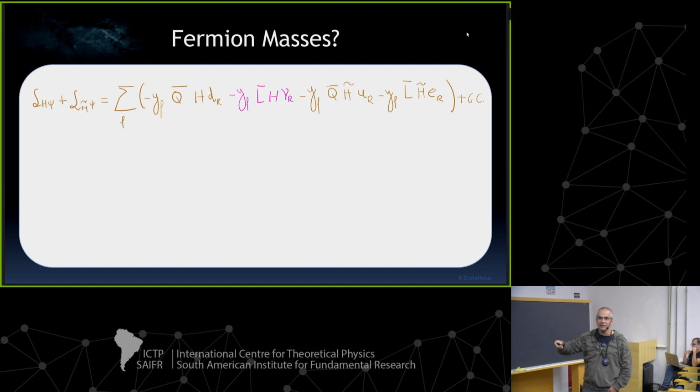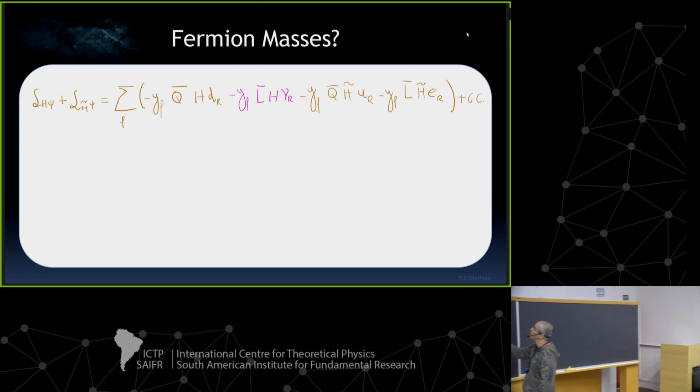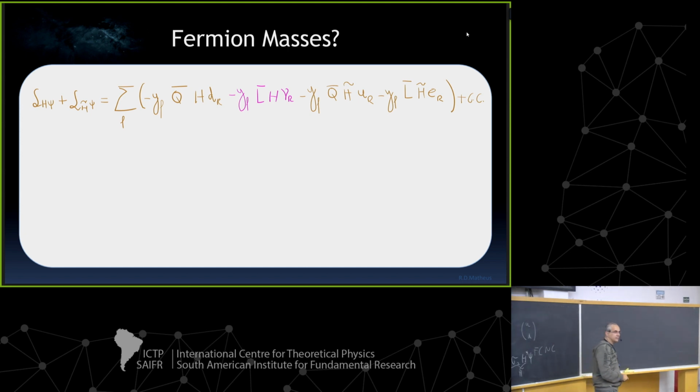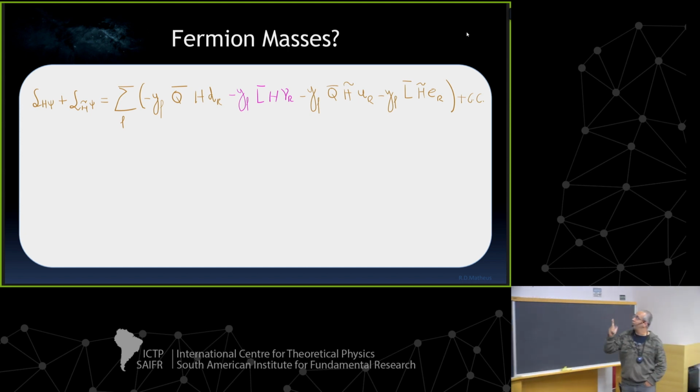I wrote it wrong. So for down type guys, which is these and these, it should be H. So here should be H, and for the up type guys it should be H tilde. There's a wrong tilde in the wrong place there.